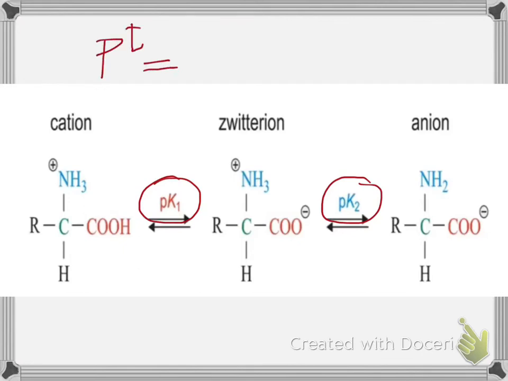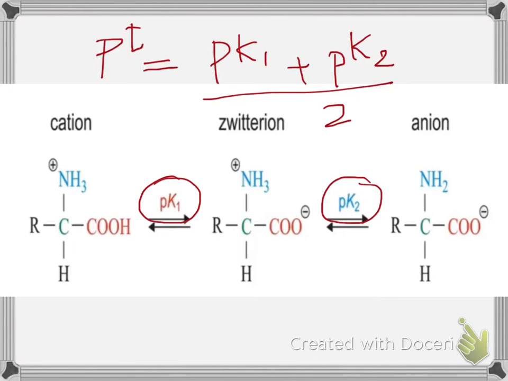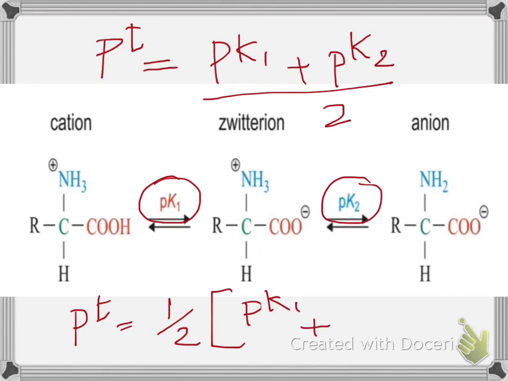Pi equals pK1 plus pK2 divided by 2, or Pi equals half of pK1 plus pK2.